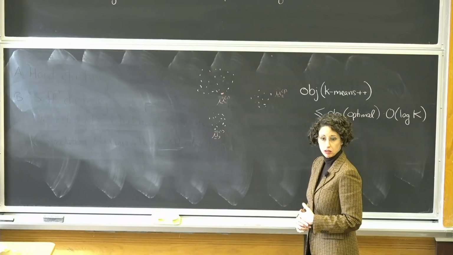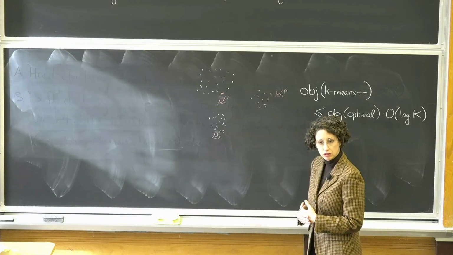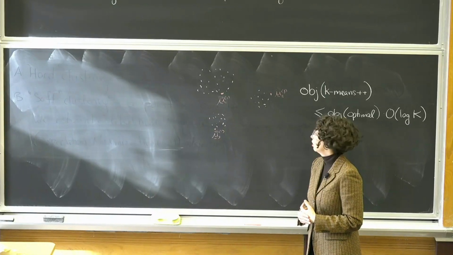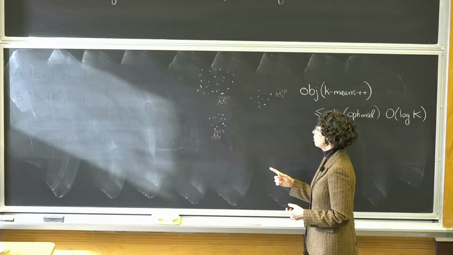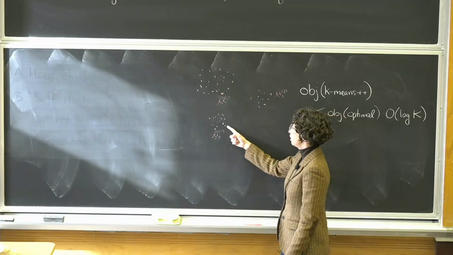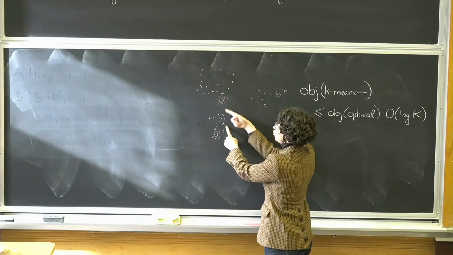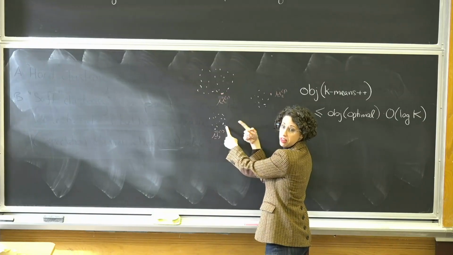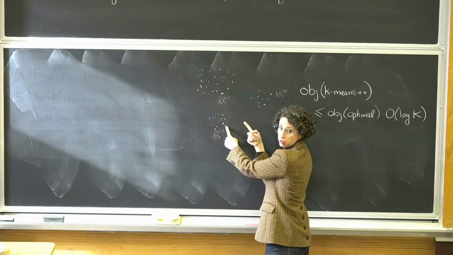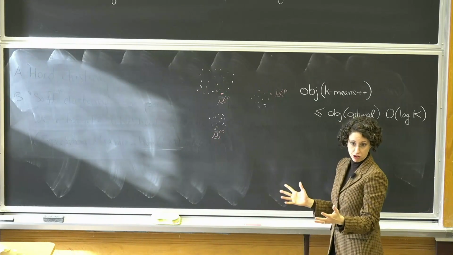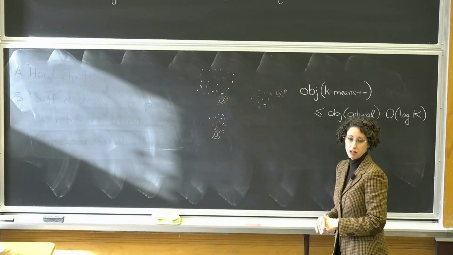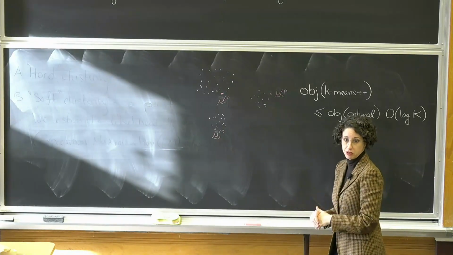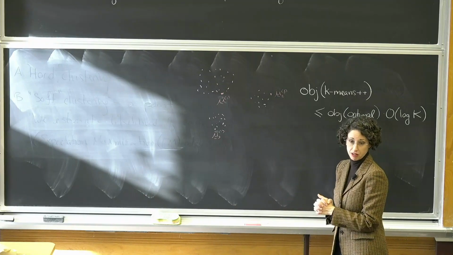No, I'm looking for the point, and I look at the distance to the closest mu that I've already selected, and I want that to be as big as possible. So not the average, but the worst case. So I want to be as far as possible from all of the mu's, not just the average of the mu's.